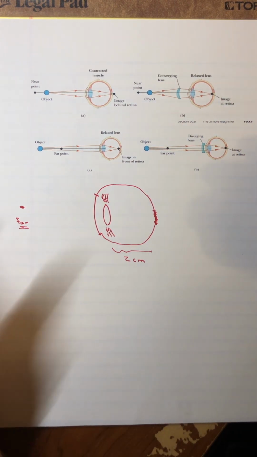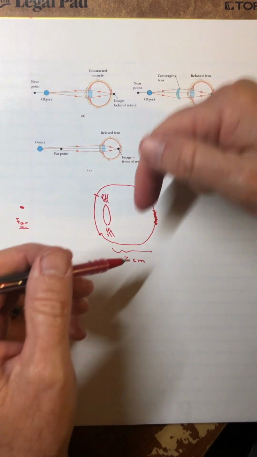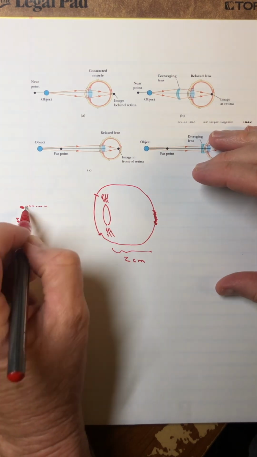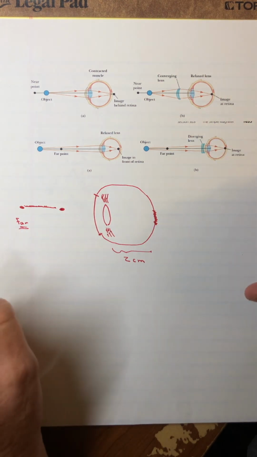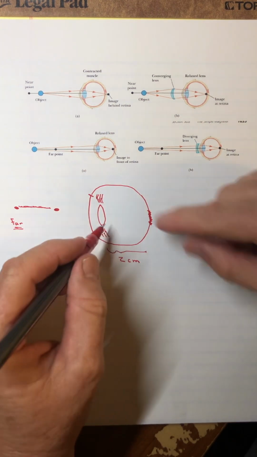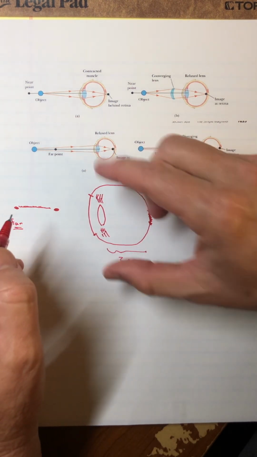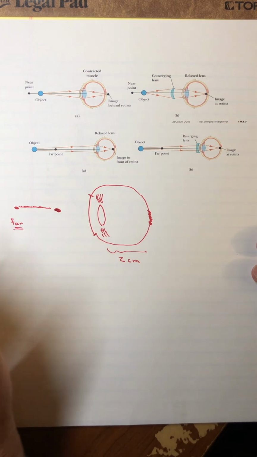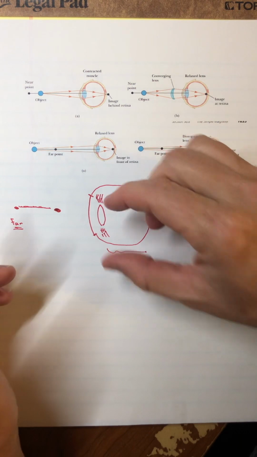But also, what that means is you've already used up some of your squishiness, if you will. And so as an object gets closer, and your eyes are going to have to squish your lens more and more, there becomes a point that you run out of squishiness, even when you're young.